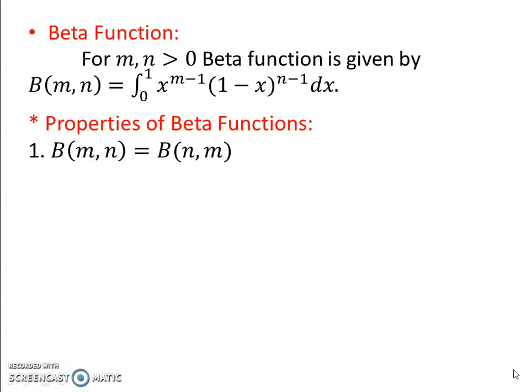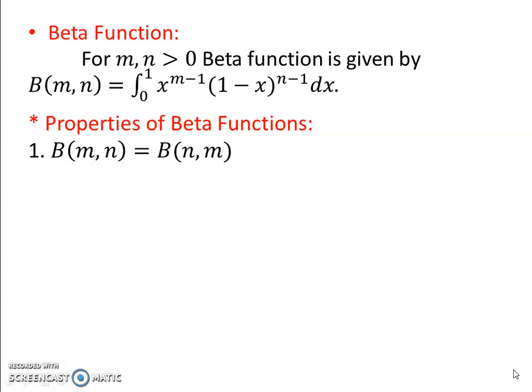And if we consider beta of n, m, then it is given by integration 0 to 1 x to the power n minus 1 into 1 minus x to the power m minus 1. Now, it is easy to prove this property if we start with beta of m, n, that is equal to integration 0 to 1 x to the power m minus 1 into 1 minus x raised to n minus 1 dx.